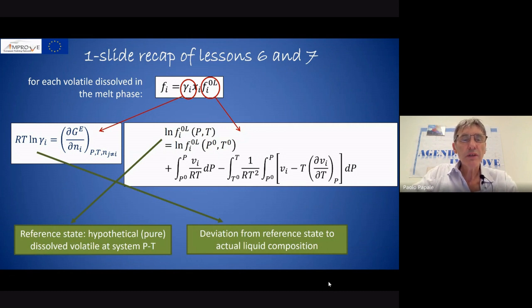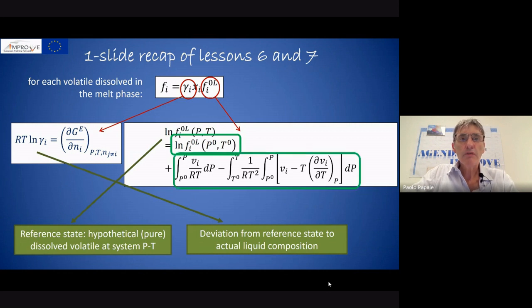We have, in these slides, all of the fundamental elements that concur to define the fugacity of a dissolved component. That will be given by a constant quantity defined for each dissolved volatile at a given pair of pressure and temperature, P0 and T0.